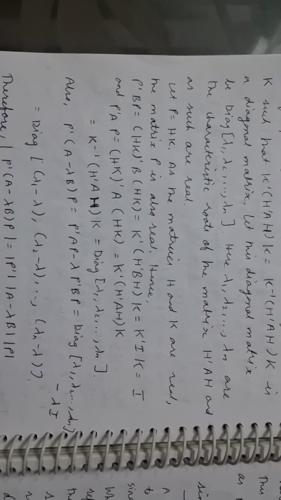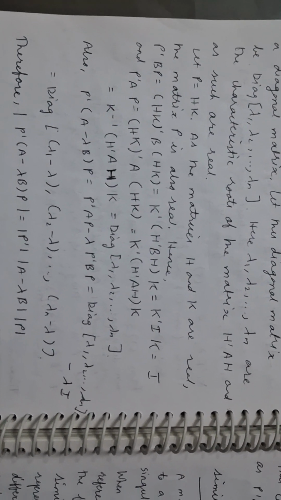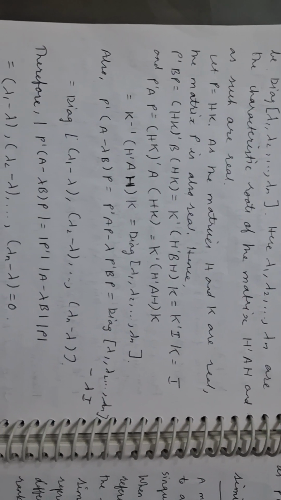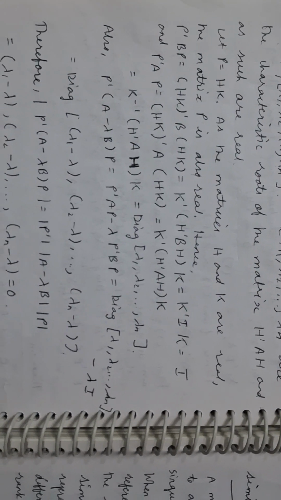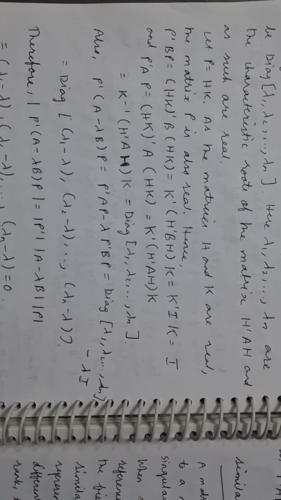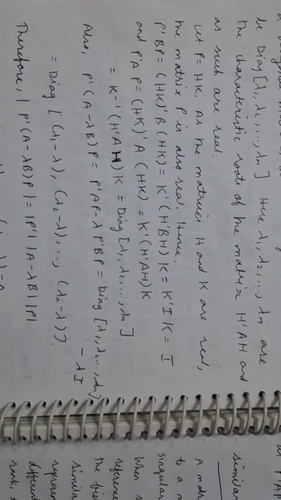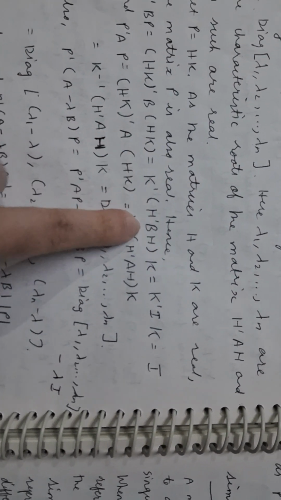If P is written as HK, then the matrices H and K are real, so P is also real. Therefore, P transpose BP is equal to HK transpose BHK, that is K transpose H transpose BHK, which is equal to K transpose, and H transpose BH was equal to the identity matrix if you recall from above.